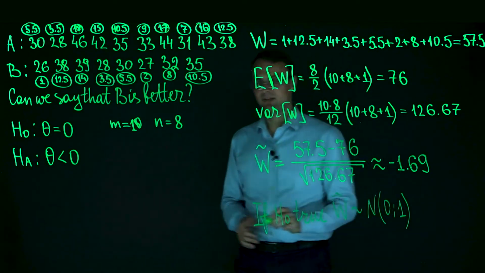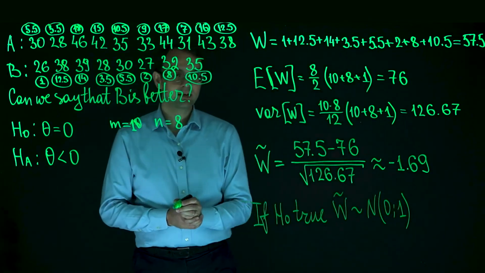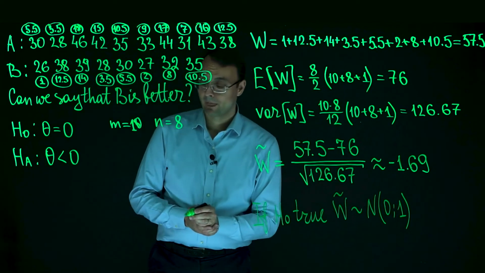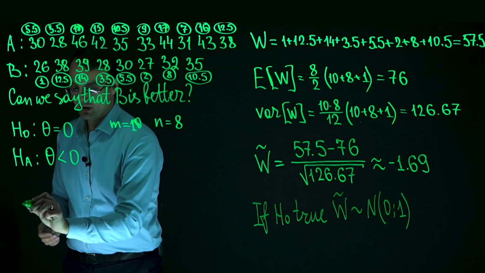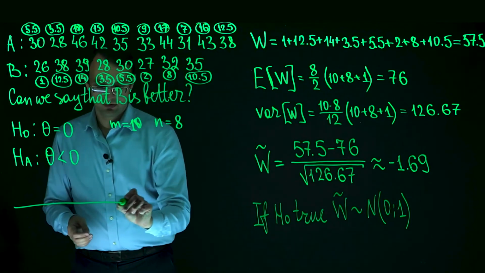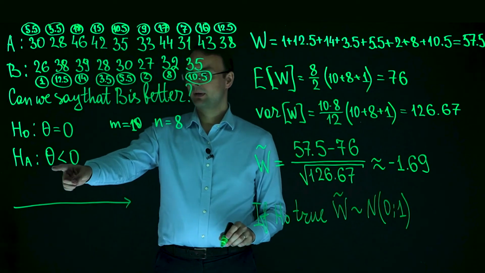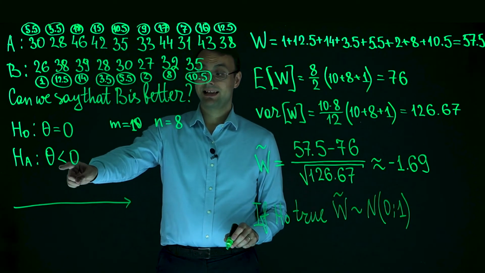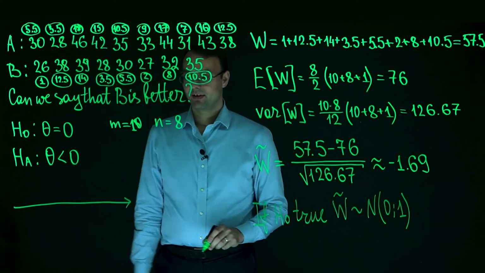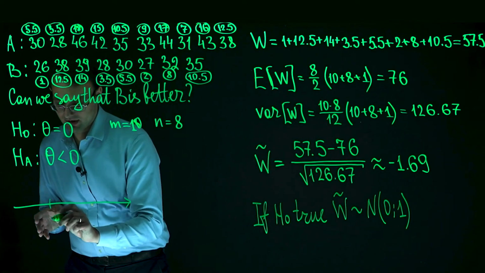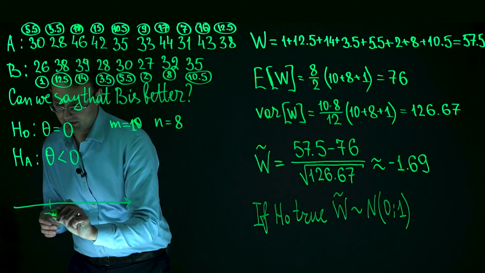And this means that we can use the quantiles of the standard normal distribution for critical regions. So as we have an alternative hypothesis of theta less than 0, we have a left-tailed test, a left-tailed critical region.